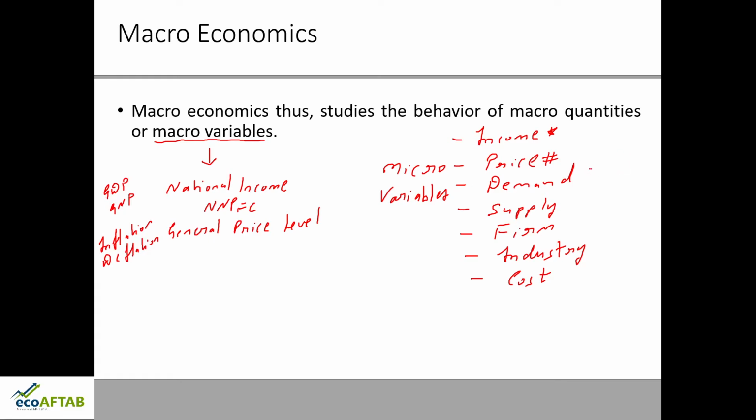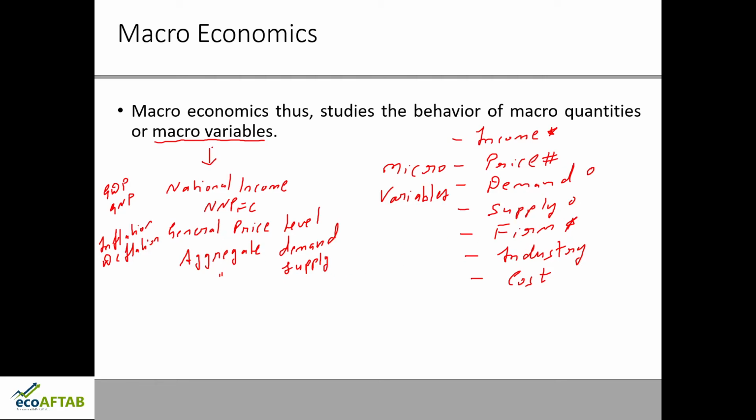So when we speak about demand at micro level, at macro level it becomes aggregate demand, the demand of all the individuals, all the entities. When we speak about supply, it becomes aggregate supply. When we speak about firms, it is all the firms, all the industries that constitute the economy.